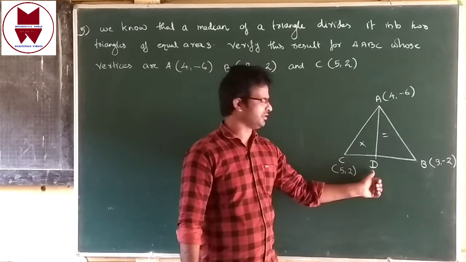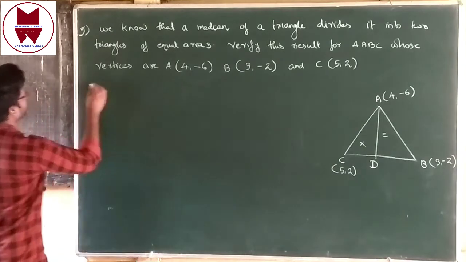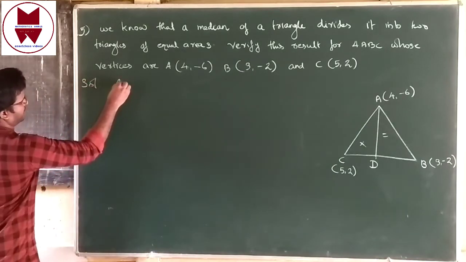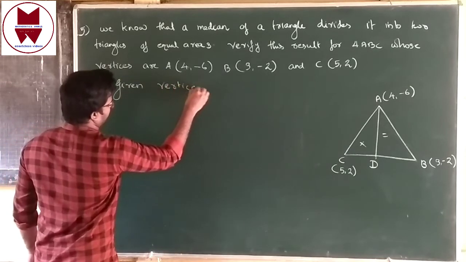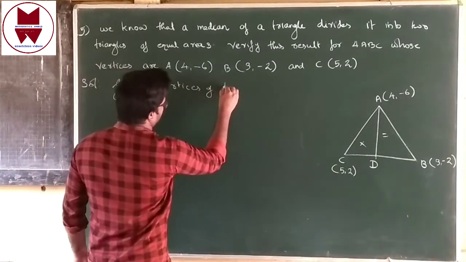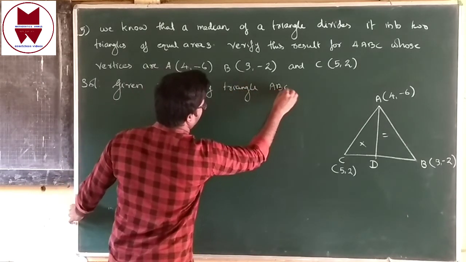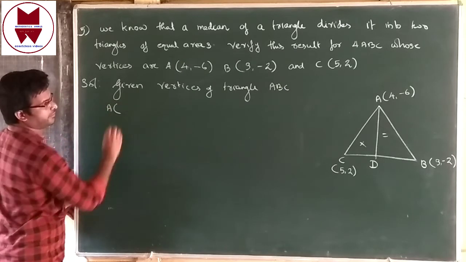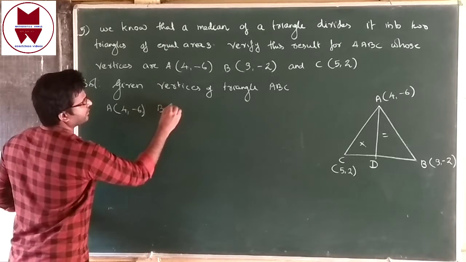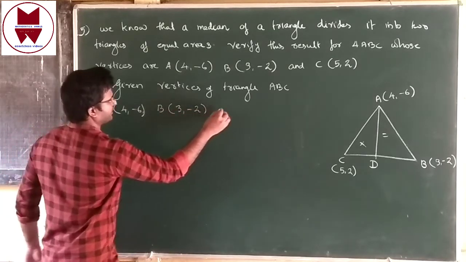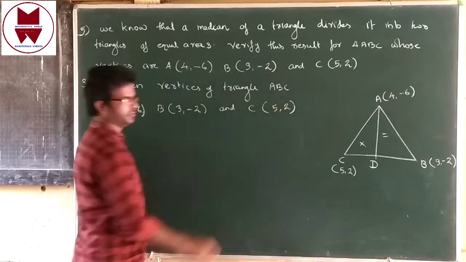First we can find out the coordinate of point D. So given vertices of triangle ABC, A means 4, minus 6, B 3, minus 2 and C 5, 2.